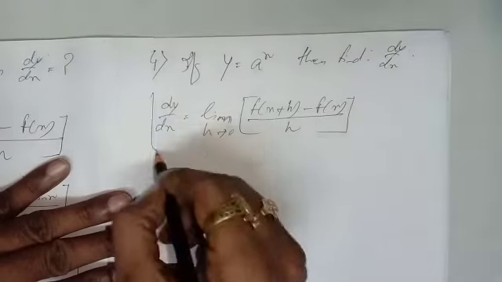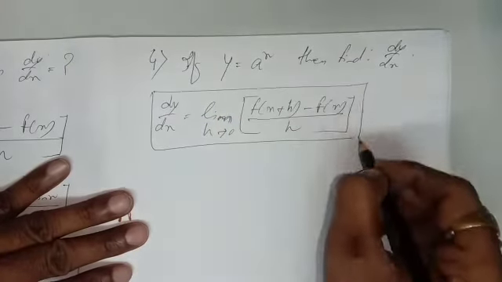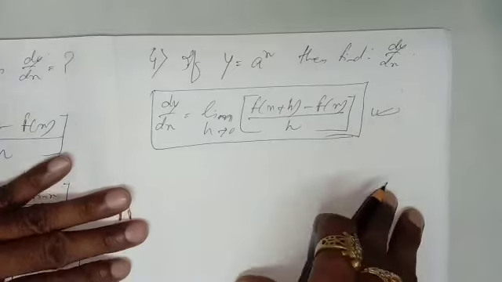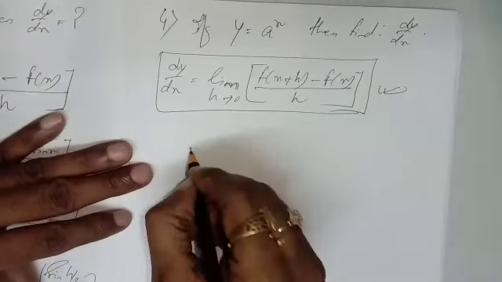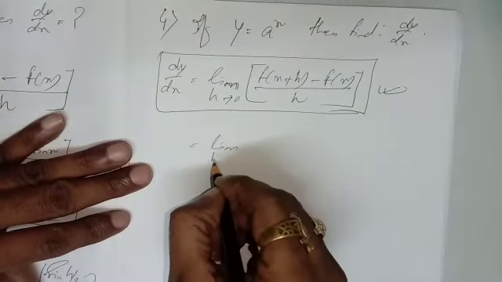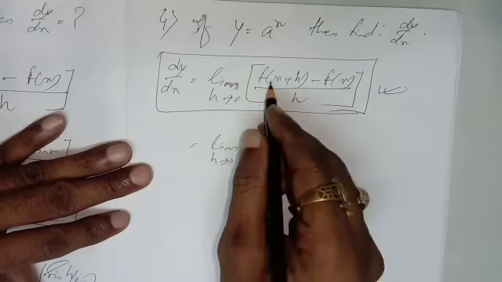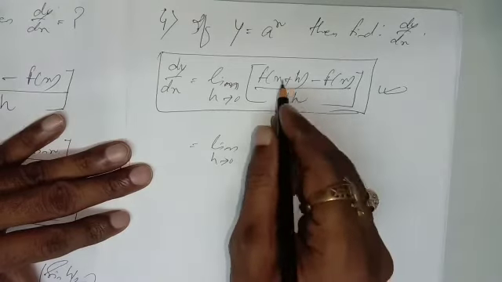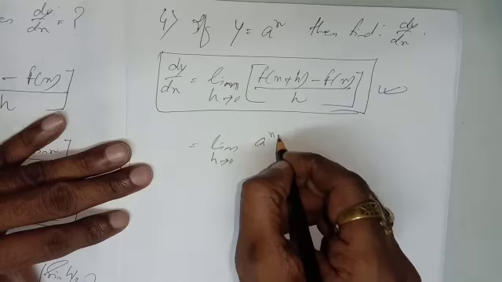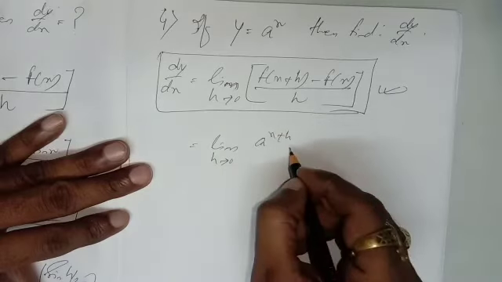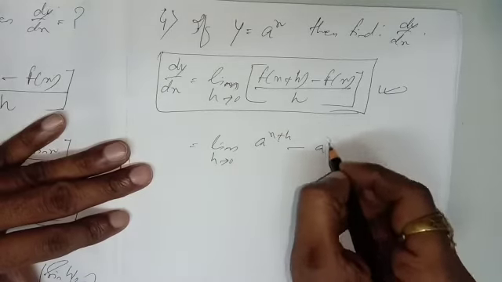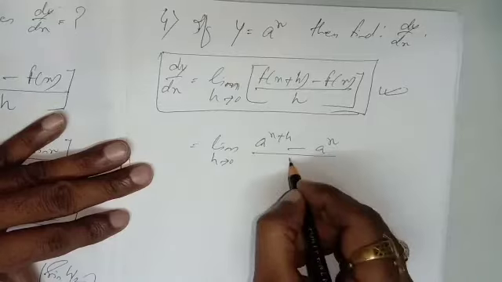This is the formula for first principle. You have to memorize it thoroughly. After that, you write limit h tends to 0, f of x plus h means x is replaced by x plus h. That will be a to the power x plus h minus a to the power x, by h, because f of x is given here.